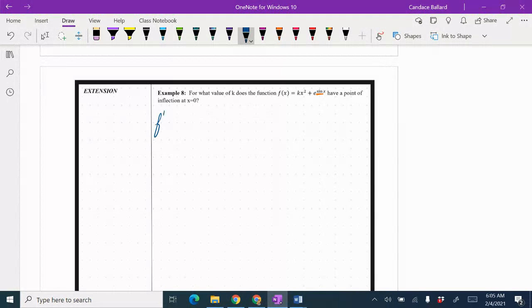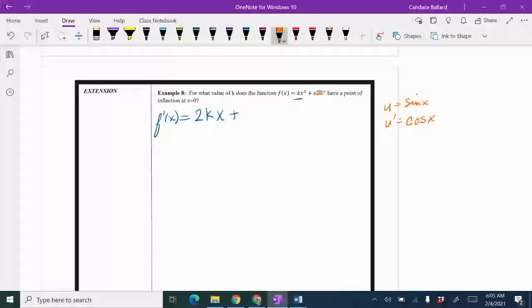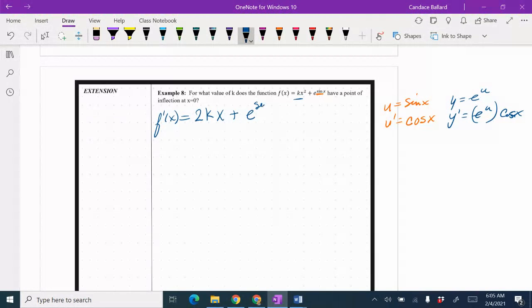So let's start with f prime of x equals, this here is k as a constant, so I'm just going to bring down 2kx, and then plus, I know that the u is going to be sine x, which means that u prime is going to be cosine x, and then when I do y equals e to the u, my derivative is e to the u times the cosine x, and then when I bring that back over here, I get e to the sine x times cosine x. Now I've got to take the second derivative.